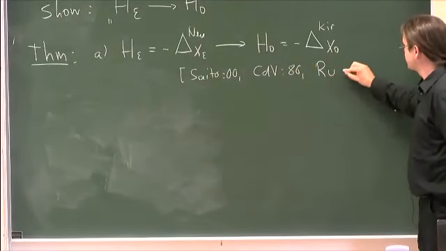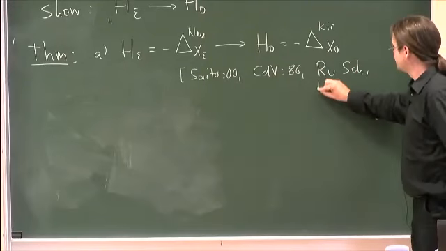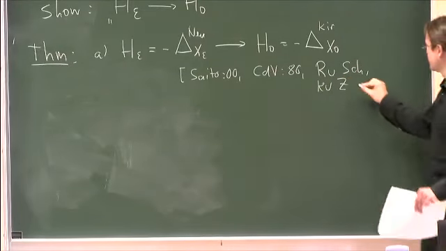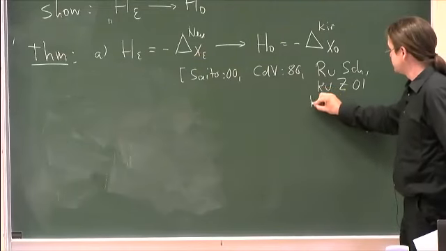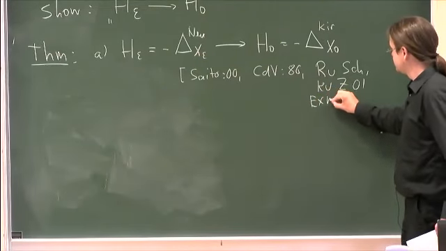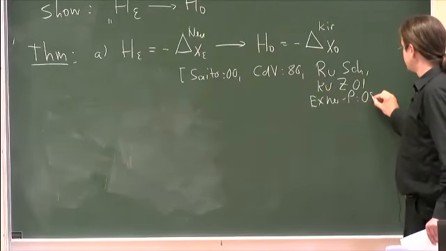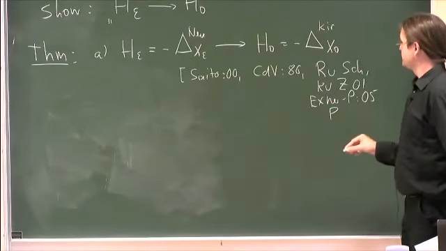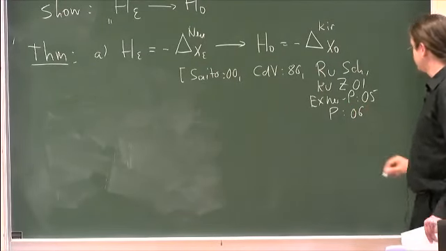This is by Rubinstein, Schatzman, and of course Peter Kuchment and Zeng. Yeah, and myself with Pavel Exner. We showed first convergence of the spectrum, and this result, as it's written here, was proven by me in 2006.